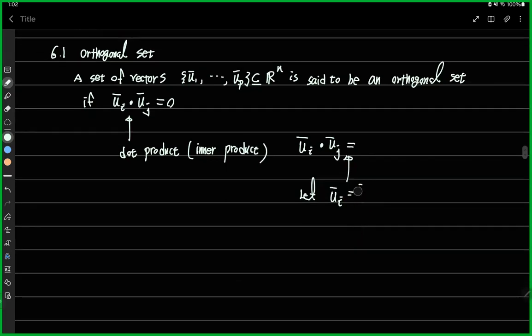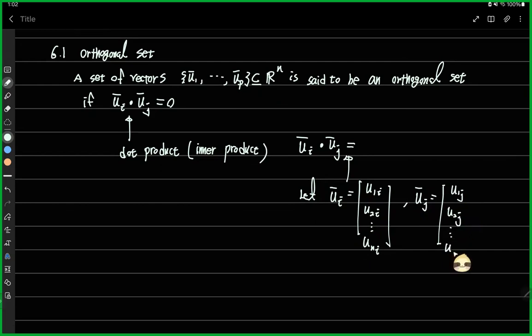We can express any vector as a column vector, right? ui is (u1i, u2i, to uni), and uj is (u1j, u2j, to unj). Then the dot product of two column vectors is defined as the sum of the product of each pair of entries, which means the sigma of uki times ukj, where k goes from 1 through n. Does it make sense?